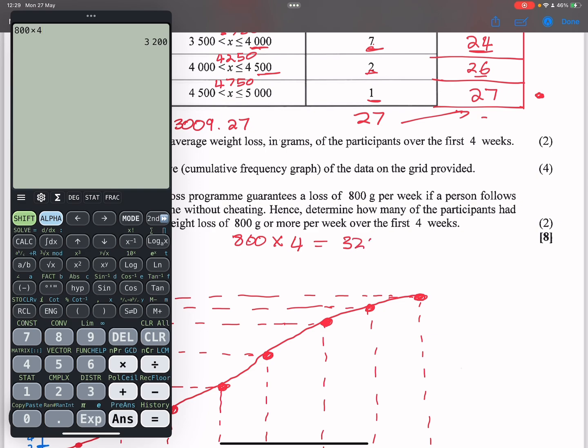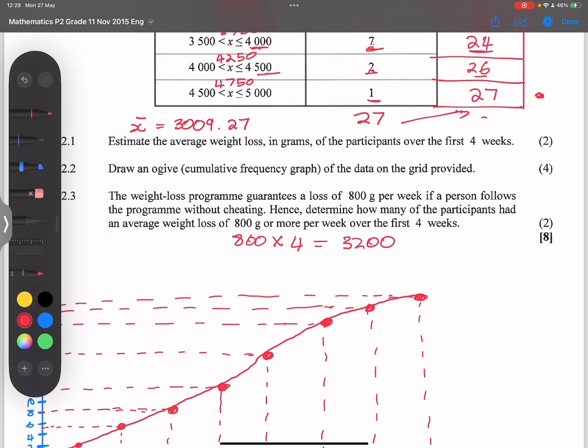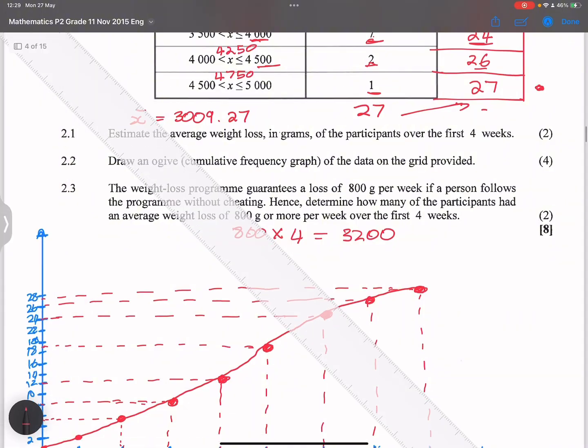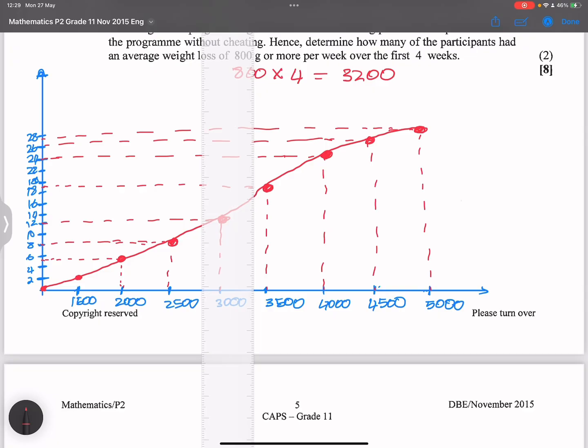3,200. Now what you would do, ladies and gents, is go to your graph and find where my average loss of 3,200 is. So I'm going to estimate it over there. That's between 3,000 and 3,500, so just slightly to the left would be 3,200.